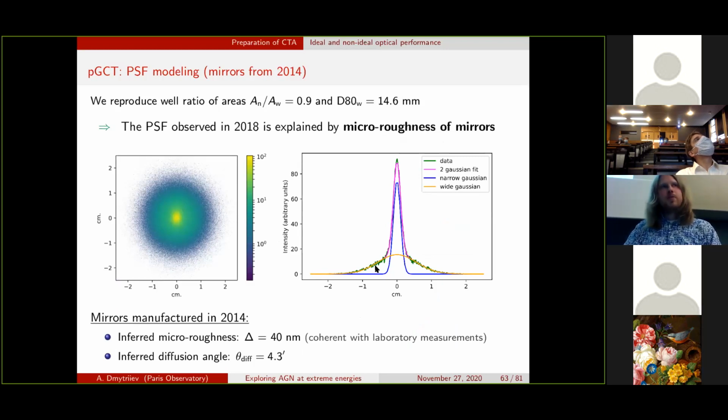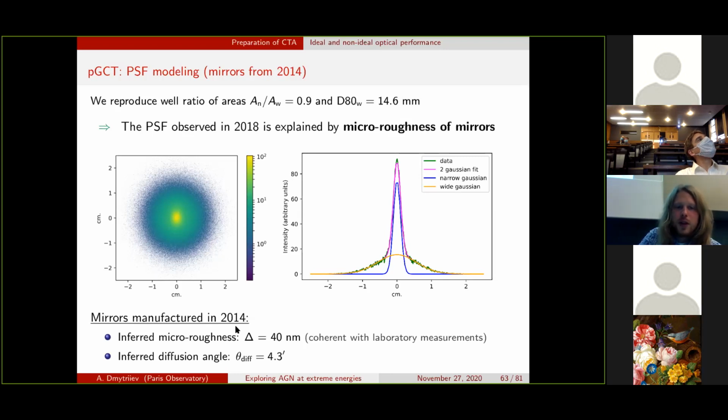And so it can really be explained by the micro roughness of the mirrors. This plot shows the green curve, which is the simulated data, matching well the observed one. It is fit by the same double Gaussian structure, with the width of this component being 14.6 millimeters, as in data.